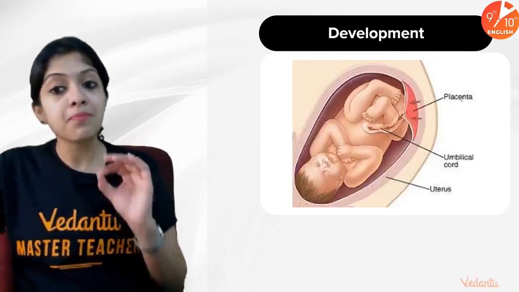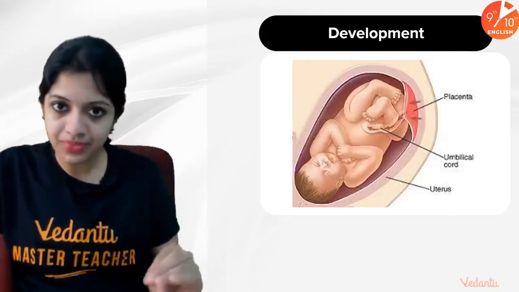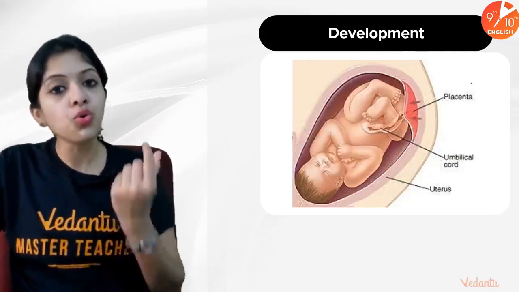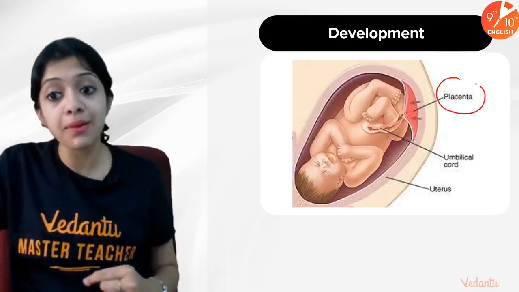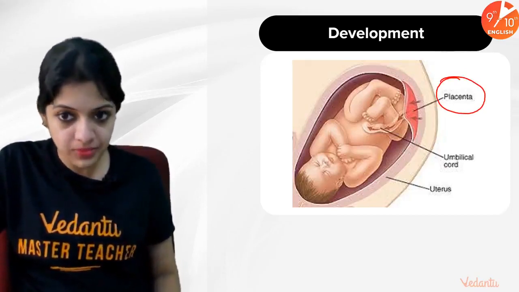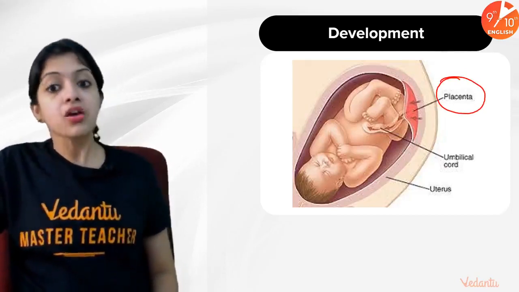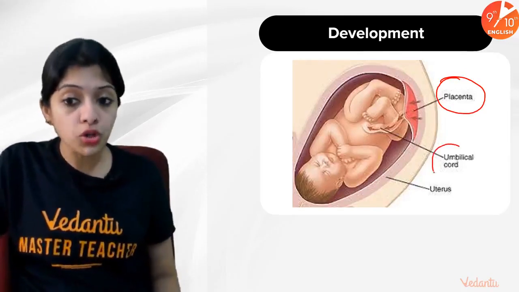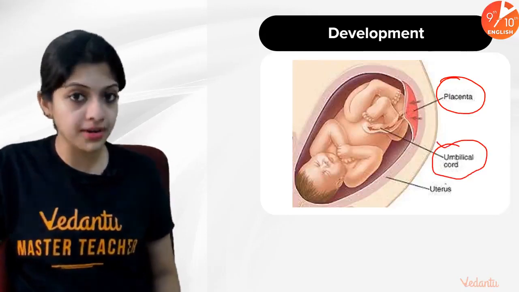The mother and the developing fetus share a very intimate connection through a tissue called the placenta. Placenta is this red colored tissue that you see here, which is connected to the baby's body through what we call the umbilical cord.